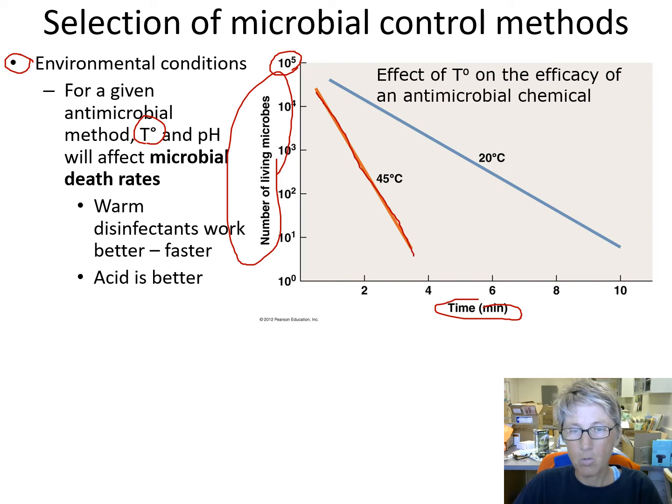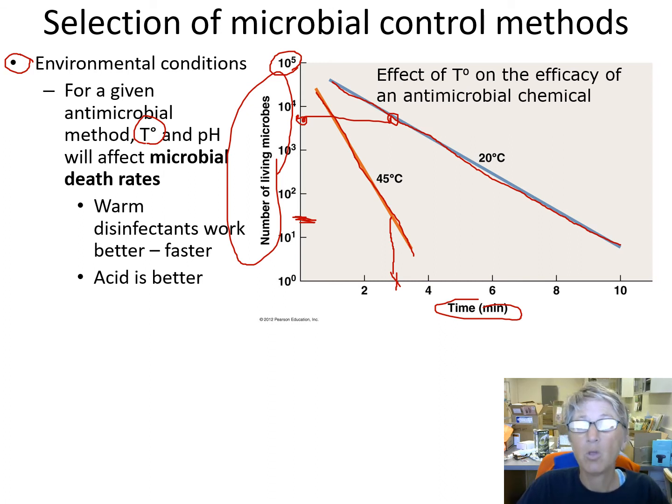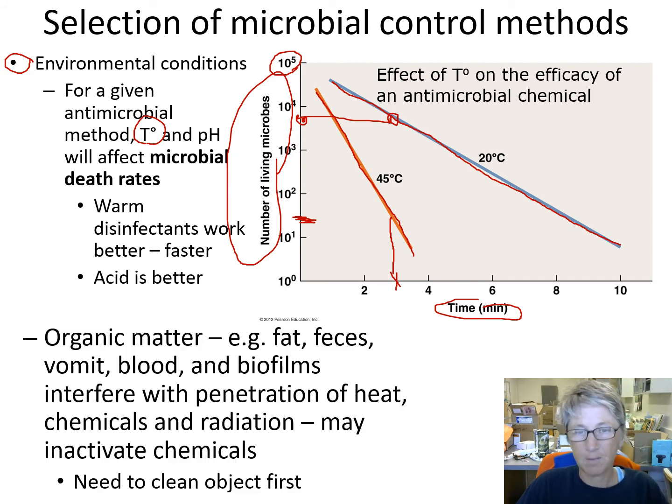So you're using your antimicrobial chemical at 45 degrees C. Compare that with using the exact same antimicrobial chemical at 20 degrees C. For example, at 3 minutes, you only have this many microbes left at 45 degrees, and at 20 degrees, you still have this many microbes left. So sometimes it's good to increase the temperature of your disinfectant.